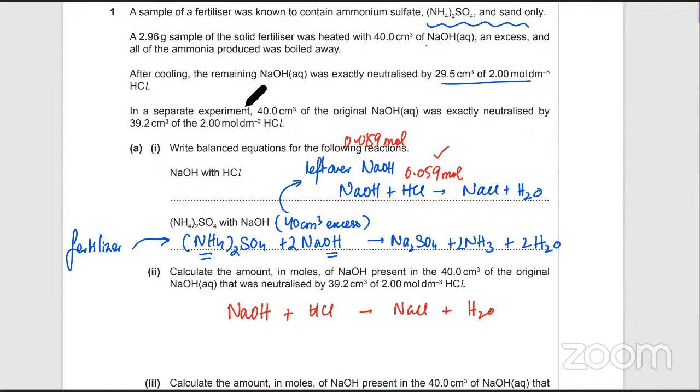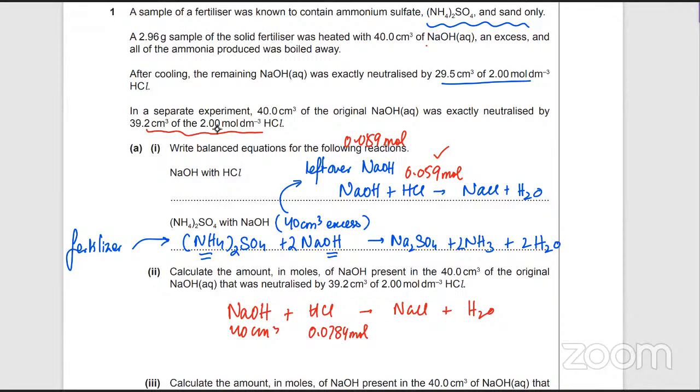So in a separate experiment, this 40 cm³ of NaOH, which was used in the previous experiment, this original NaOH was reacted and it required this much HCl. So how much HCl was required for that? How much is it coming to? 0.0784.